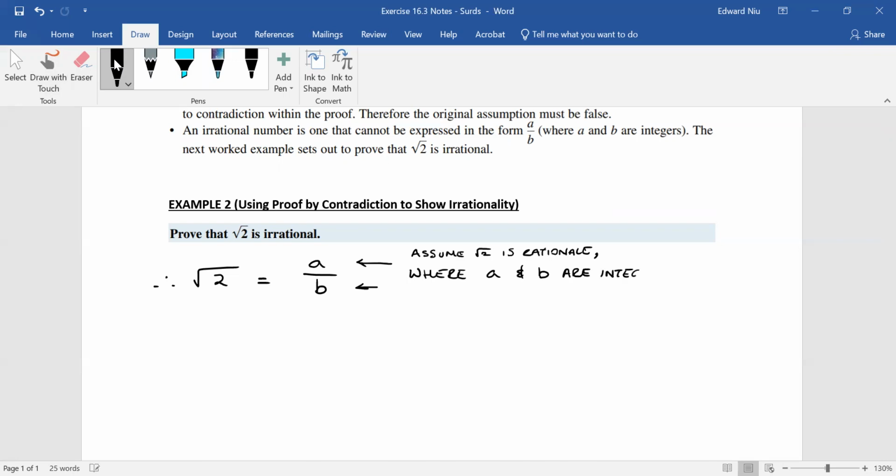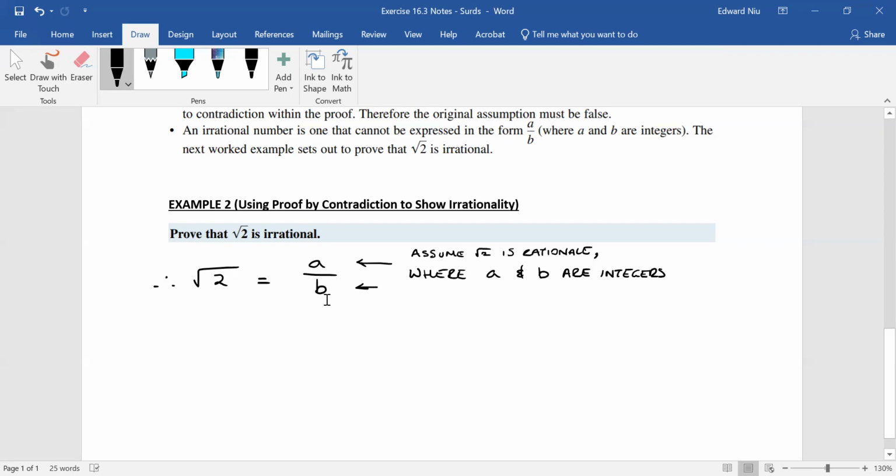Because what do we know about rational numbers? If square root 2 was a rational number, meaning like an integer, or a number with a fixed decimal place or a recurring decimal place, then a and b have to be whole numbers for that to happen.